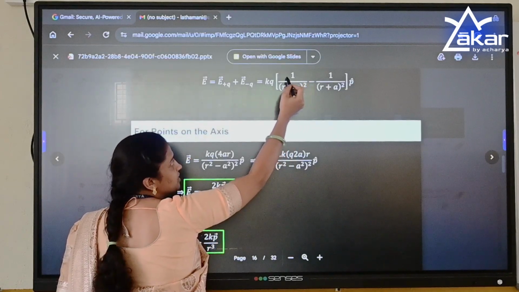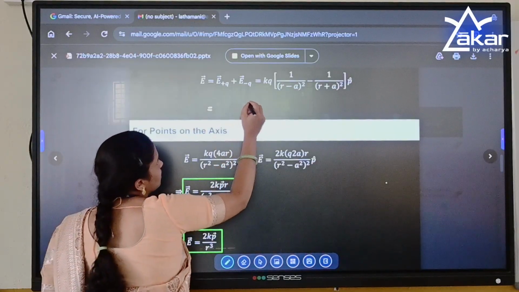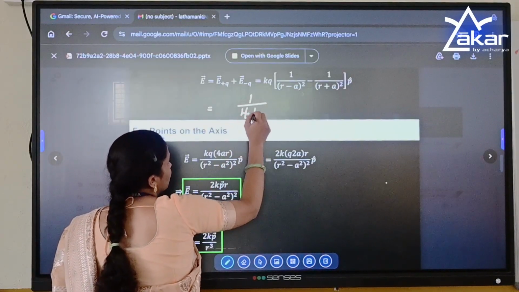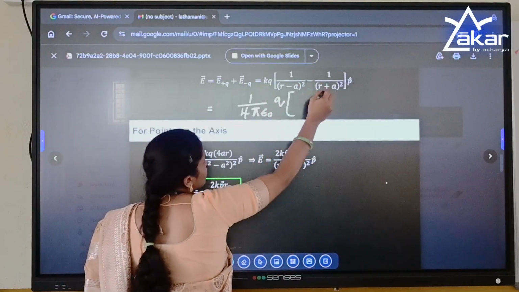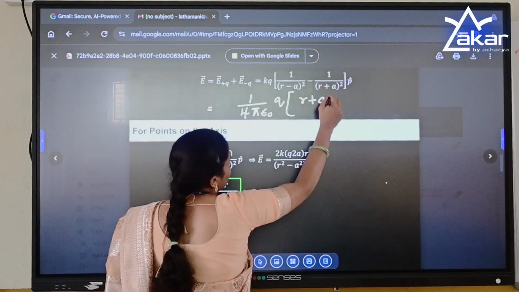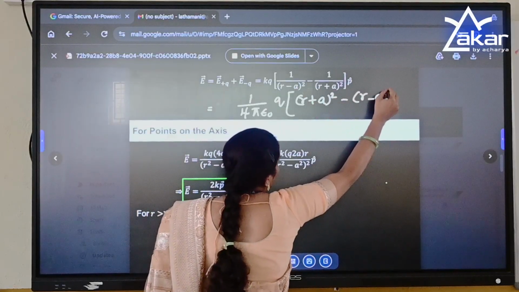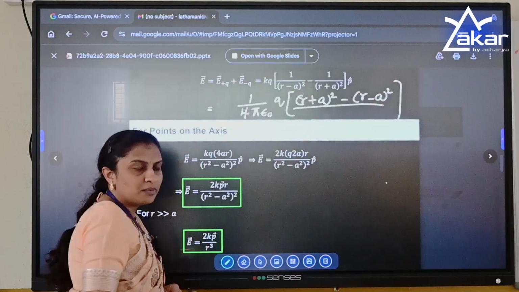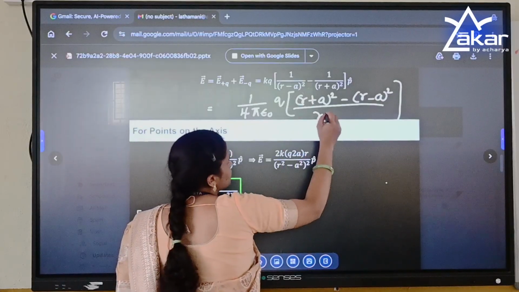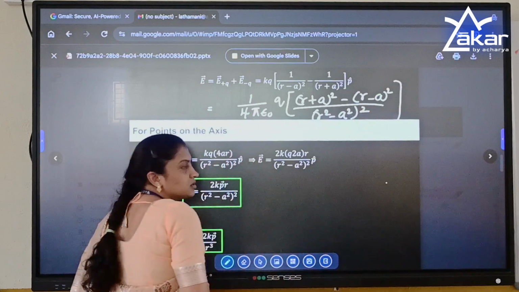Here K means 1 by 4 pi epsilon naught into Q. Cross multiplication gives (R plus A) whole square minus (R minus A) whole square, divided by (R minus A) whole square into (R plus A) whole square, which is (R square minus A square) whole square. So this is the formula.